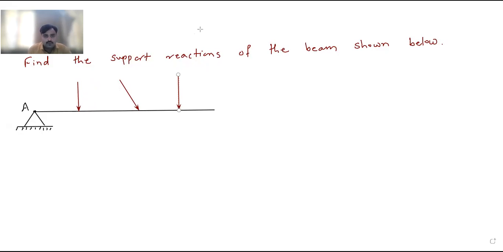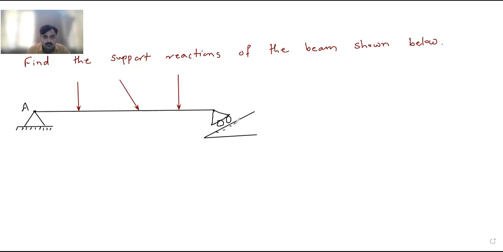And here a roller support is given to us, but it is an inclined roller. So here the support will be like this. This is the roller support, but it is kept on the inclined plane.